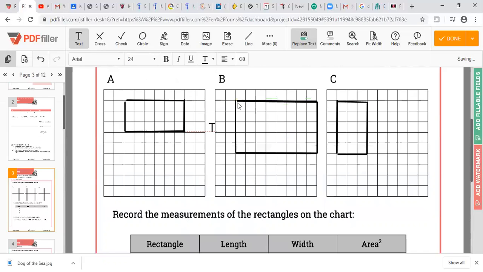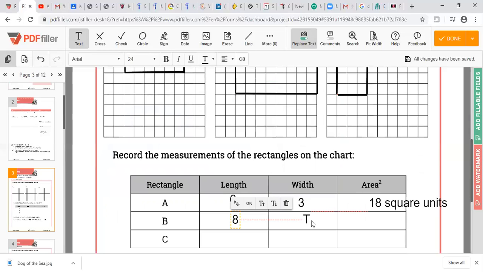My width, 1, 2, 3, 4, 5. So my area here is 40 square units.